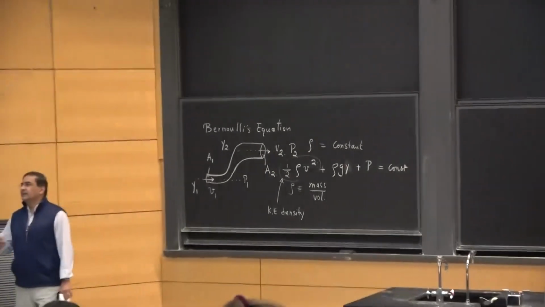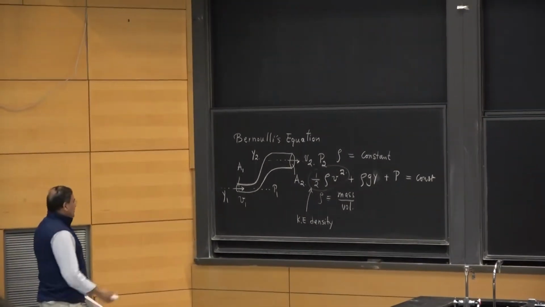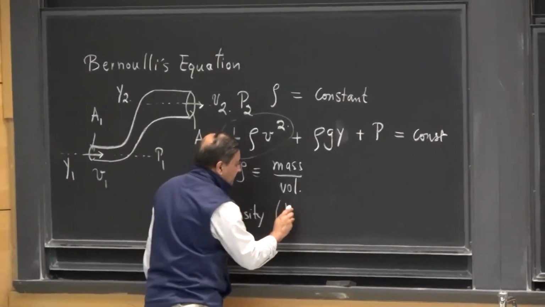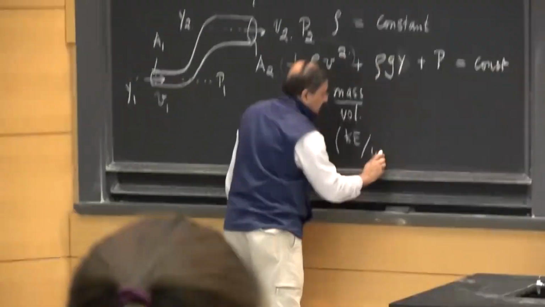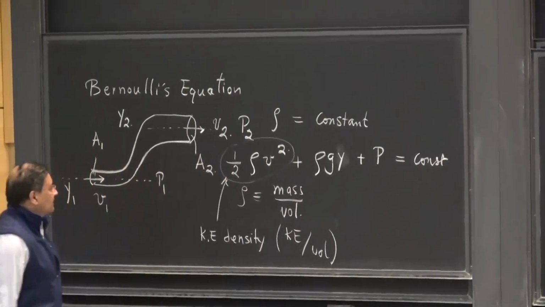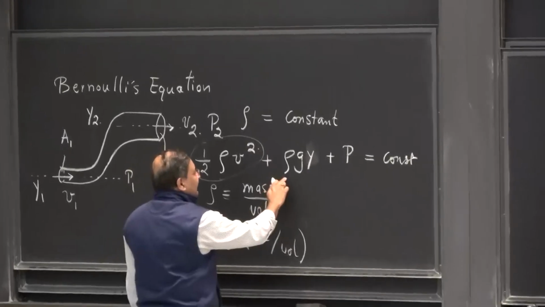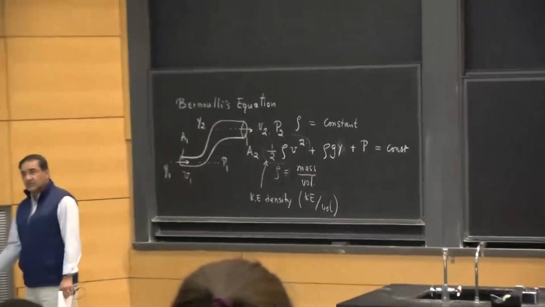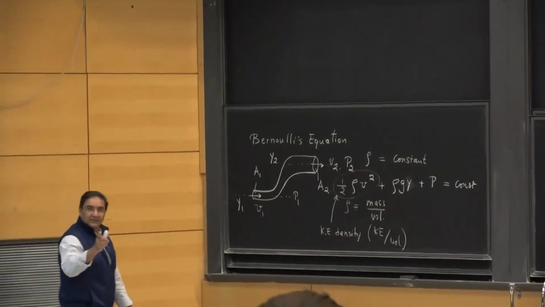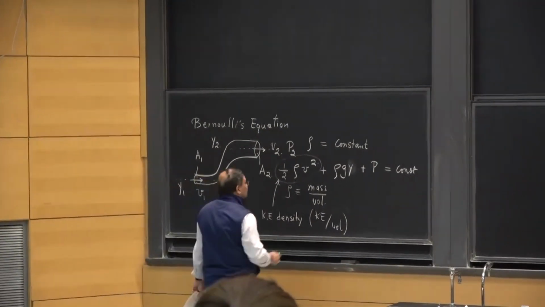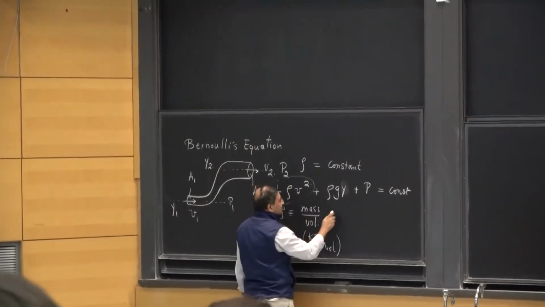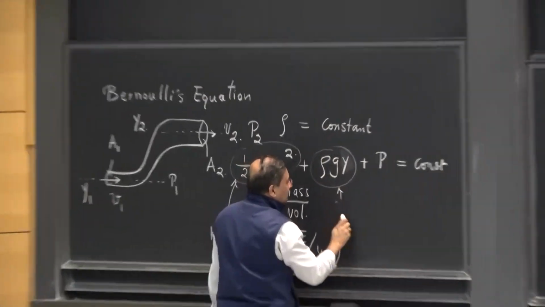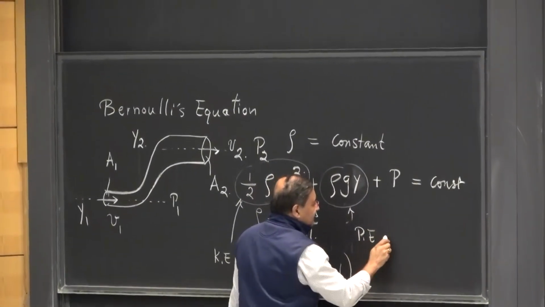Basically that's what it is, kinetic energy over volume. Now you know that mass times g times y is what we have seen for a long time as potential energy, right? Excepting here, it's rho. So mass over volume, that's what rho is. So therefore this term here is basically giving you what you would call potential energy density, meaning potential energy over volume.